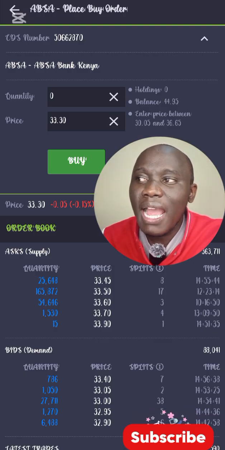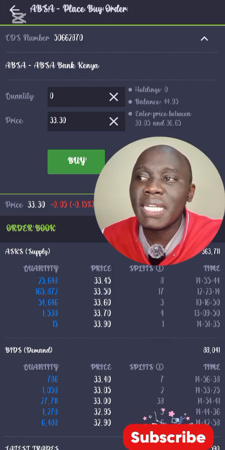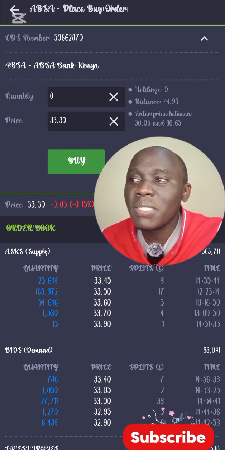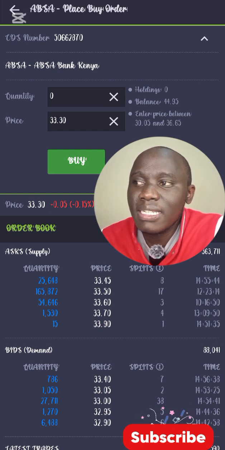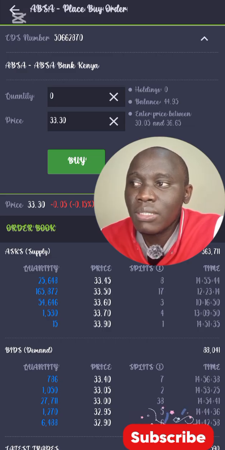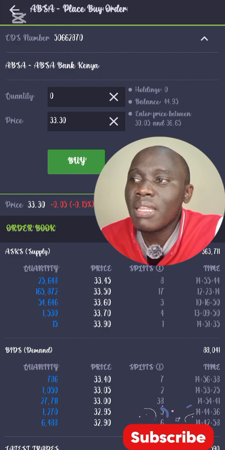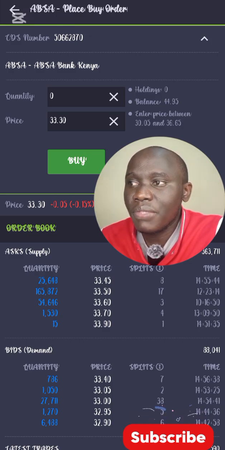Now, for the asks, that is supply, these are people who are willing to sell Absa shares. You can see there is number one person who is willing to sell 25,648 shares, but the price they want is 33.45. The other one has 165,872, and the price they are selling at is 33.5, and the splits.